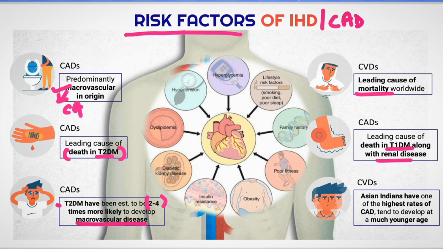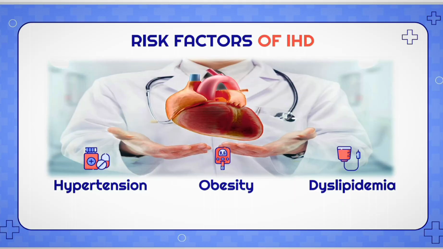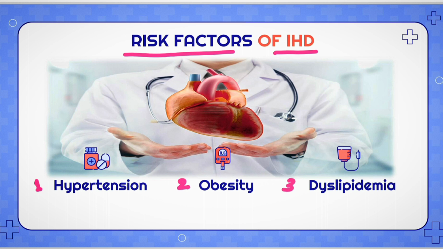It is also found that Asian Indians have the highest rate of development of coronary artery disease at a much younger age as compared to their counterparts. Apart from this, there are some other risk factors which can cause development of ischemic heart disease or coronary artery disease in any patient with diabetes. Those are hypertension, obesity, and dyslipidemia.